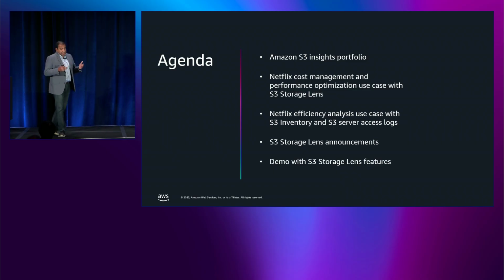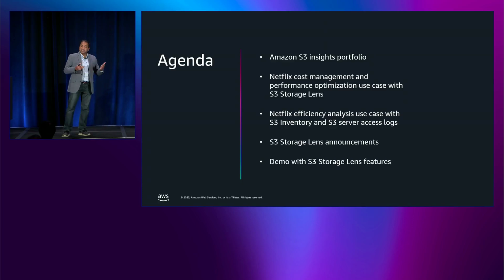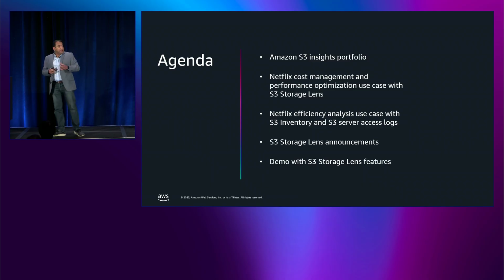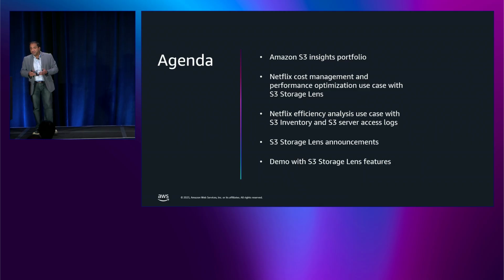Then I'm really excited to talk through some of the announcements we made yesterday on S3 storage lens that further enhances your optimization workflows. And then finally, Christy will be running us through a demo where we'll see all of these new features live in action, solving real performance and cost optimization use cases.